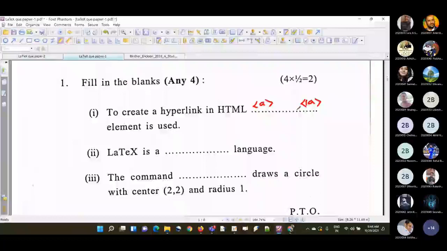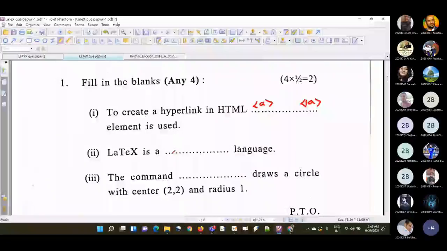LaTeX is a which kind of language? Do you have any idea? Markup language, case sensitive language. What do you say, case sensitive or not?